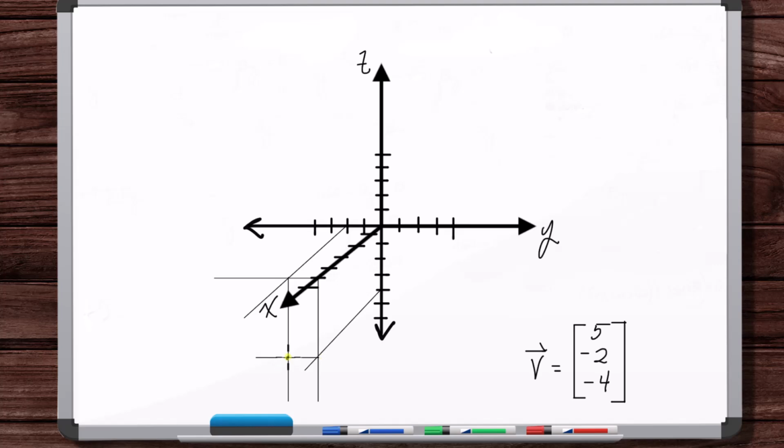Okay, so we're at this point here. We went 1, 2, 3, 4, 5, then minus 2, and then 1, 2, 3, then down here. All right, so we connect the start point, and that's vector v.